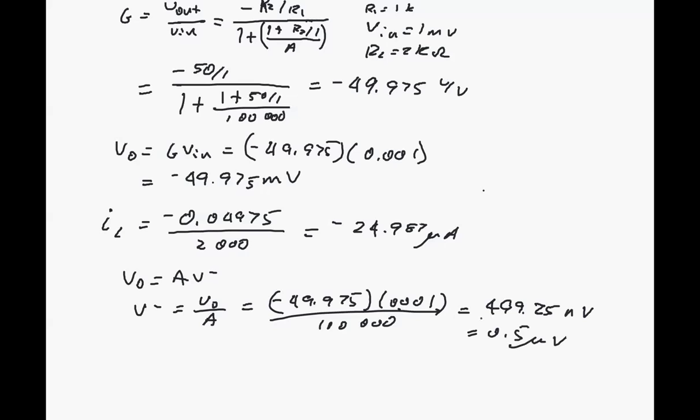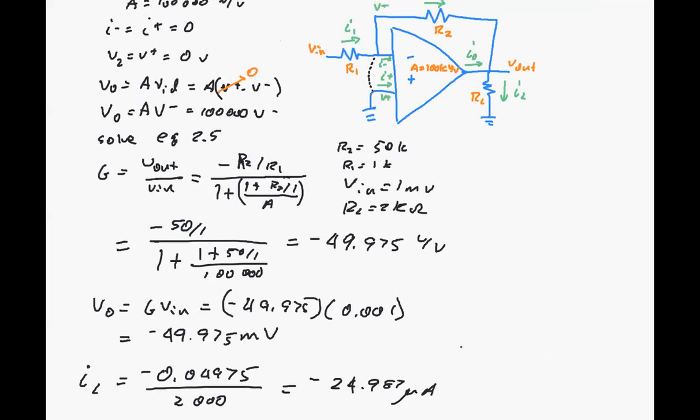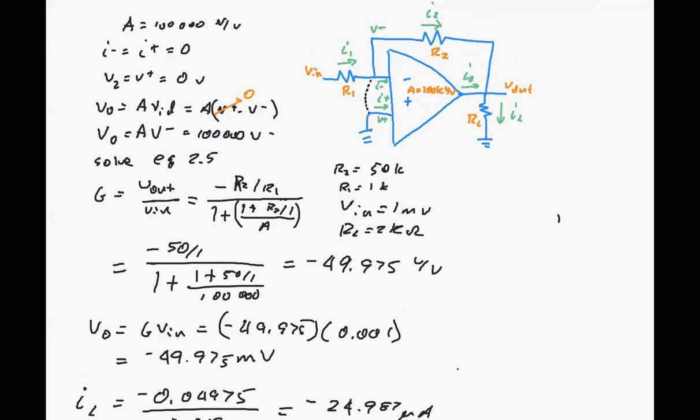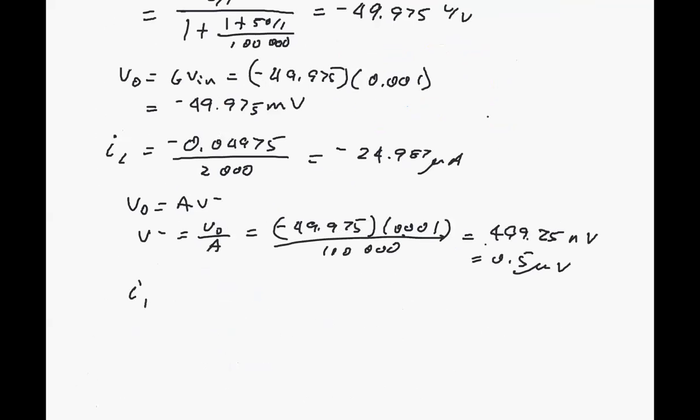And we can find the current, I1, that's that one going into there. I1 will be the difference between Vn and V minus over R1.